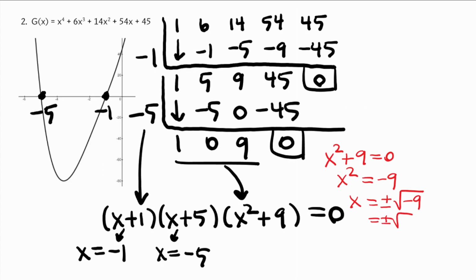And so that would be the square root of 9 times the square root of -1, which is going to be 3 times i. So x is equal to 3i, and x is also equal to -3i would be the two solutions from x squared plus 9. And again, there's the fundamental theorem of algebra showing up again. That x squared plus 9 is contributing 2 solutions.